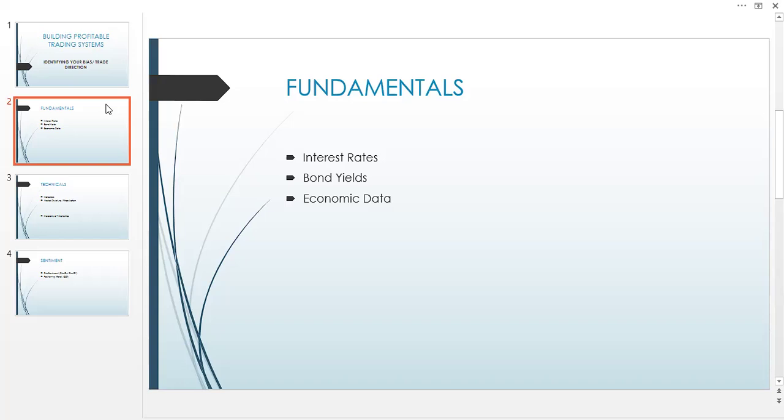Now, let's shift the dynamic a little bit again. What if you had two countries? Country A is giving you 4%, and country B is also giving you 4%.